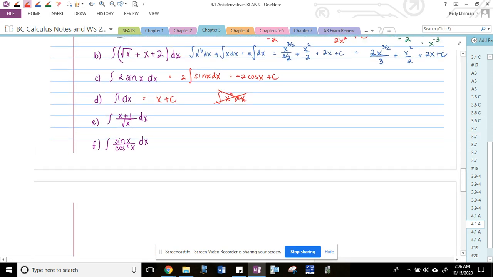Now remember, for these last two, we are not allowed to say, oh, it's the integral of x plus 1 divided by the integral of square root of x. That does not work. So we need to rewrite this equation and simplify with what we do know.